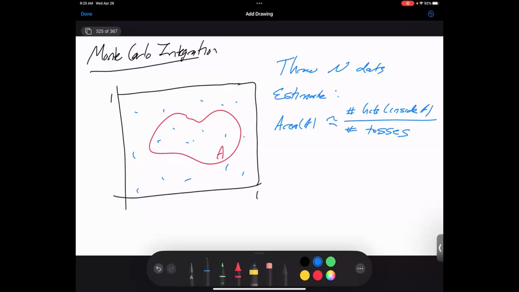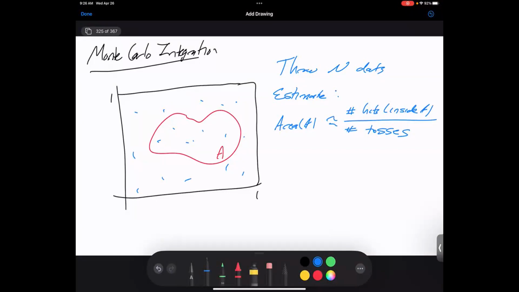If you toss a coin once, what are the possible outcomes? Heads or tails. Is there any other possibility? We're going to assume the coin is not going to land on its side, so it lands either as a head or a tail. When you toss the coin once, what are your estimates for the probability of a head or tail? 1 and 0, right?